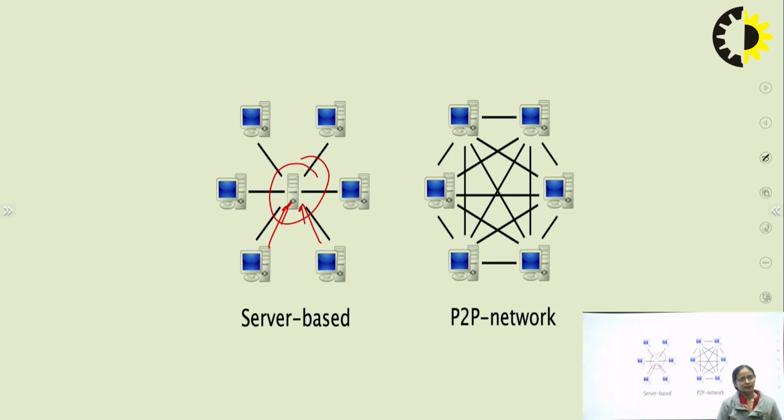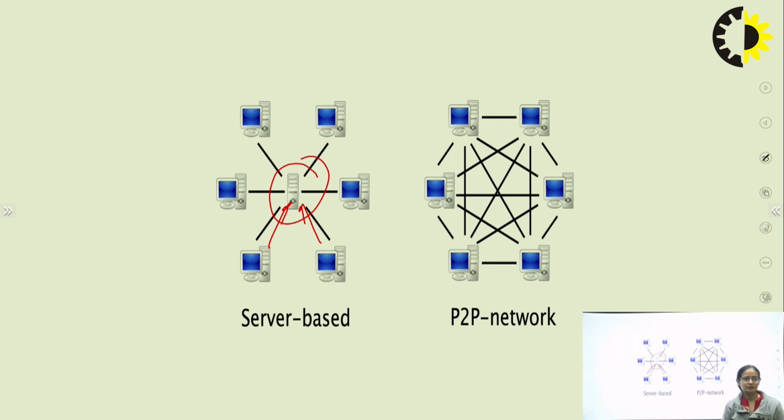The server does the processing on behalf of the client and then sends the result back to the client node. Whereas in the case of the P2P network, there is no server within the system. All the nodes can act as a client or server whenever there is a need.